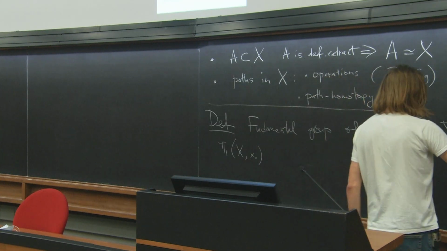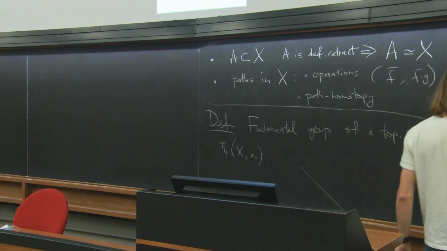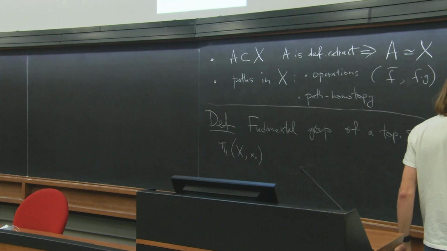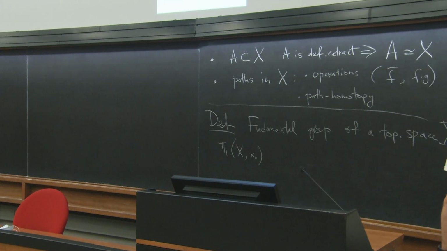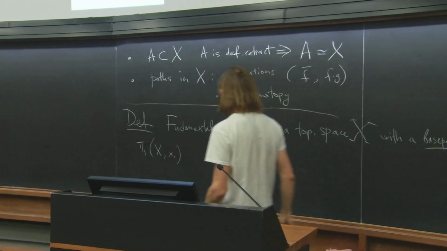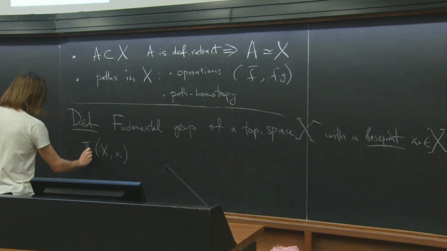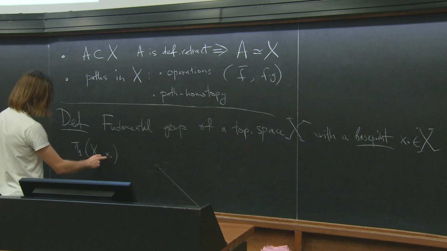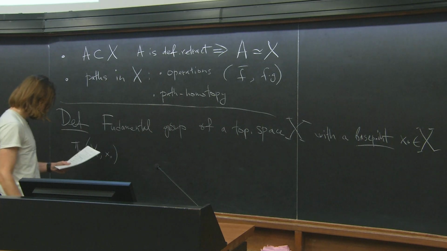So we take what is called a base point, some arbitrary fixed point in our topological space. And then the fundamental group is denoted by pi1. It depends on the choice of topological space and a base point inside.